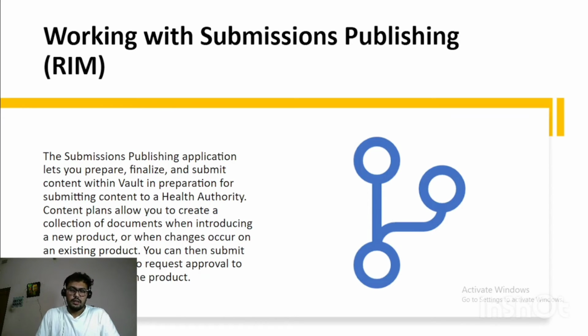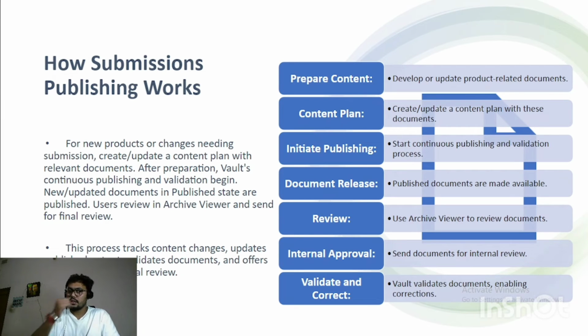And there is also one feature called submission archive viewer. From that viewer section the published document can also be visible, right? So overall I have covered most of the details, and also how submission publishing works. Prepare content, content plan, and then initiate publishing, then document release, review, internal approval, validate, and correct.